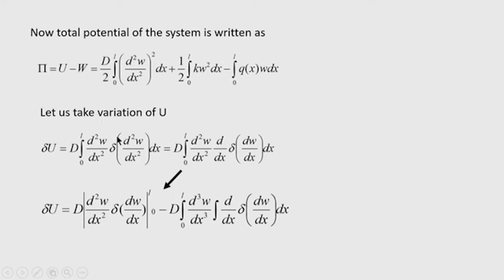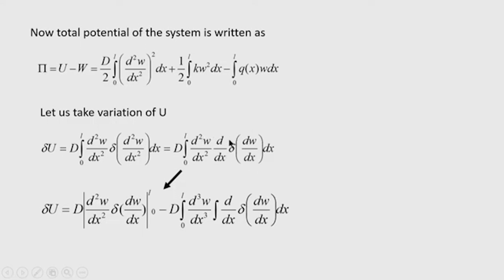Okay. So, if we use the integration by product rule, it is further written in this form. Before starting the process of integration, the differential operator and this variational operator are interchanged. So, it is written as d by dx of the variation of this dw by dx.